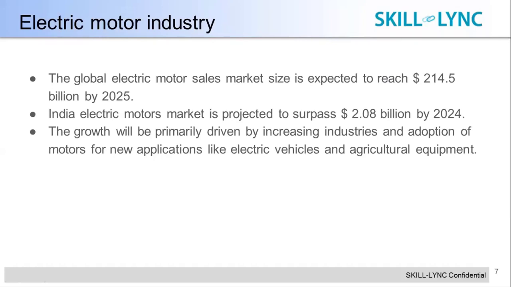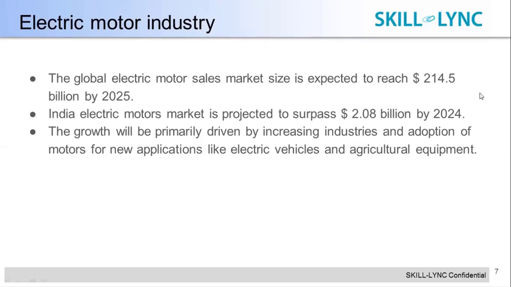And if we talk about why this industry is growing, apart from all the industrial applications, as I explained, all the new applications have been coming up. Especially electric vehicles. Particularly in India, the government is supporting electric vehicles a lot, and you can just imagine the vehicle market in India, particularly the auto market.